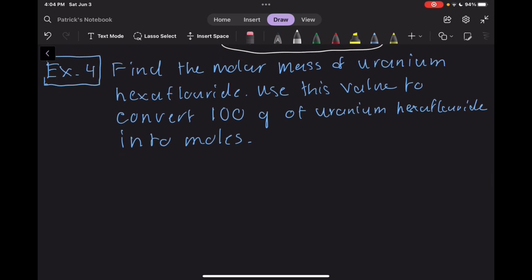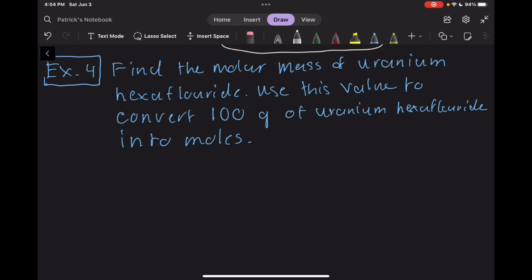Example 4 is similar. Find the molar mass of uranium hexafluoride, it says, and use this value to convert 100 grams of uranium hexafluoride into moles. This problem is bringing together some of what we learned from chemical nomenclature in Unit 2.